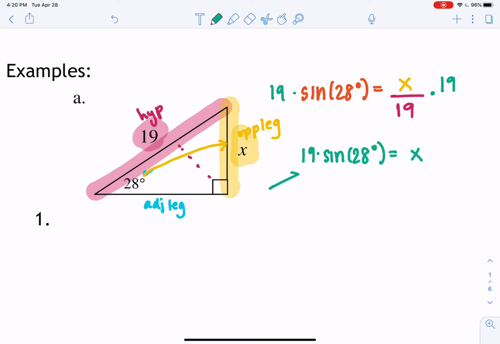And here is where you're going to plug into your calculator. Make sure you're in degrees and make sure you're closing parentheses and everything.